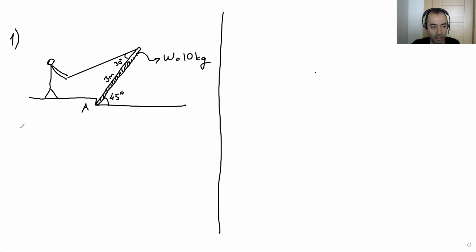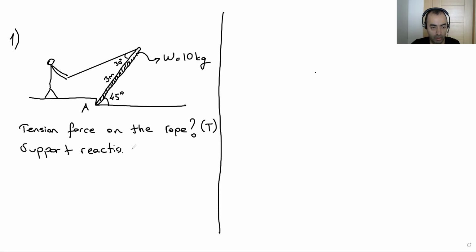So what is the tension force on the rope, which is T, let's say that T. And what is the support reaction? Support reactions at point A. Okay, this is the question.